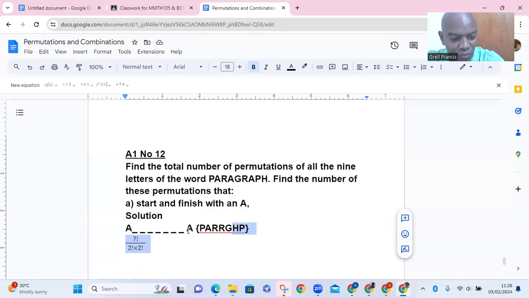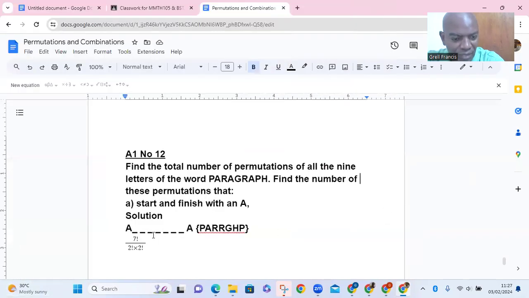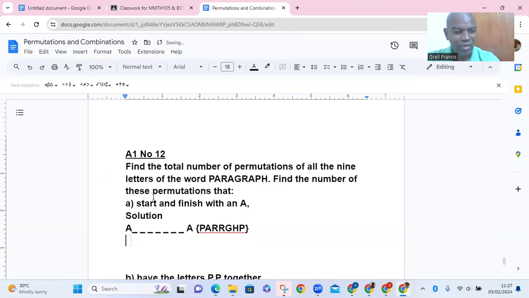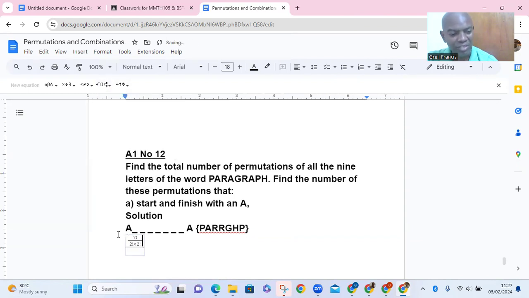Now it's possible to swap the A's. Swapping the A's does not create any new arrangement. Start with an A, end with an A, and you can possibly swap the A's. So this activity is possible, but when done, does not create any new arrangement.